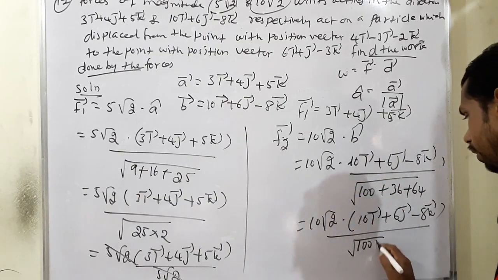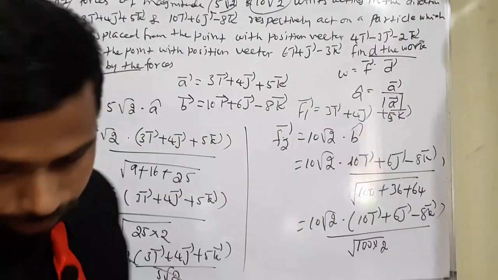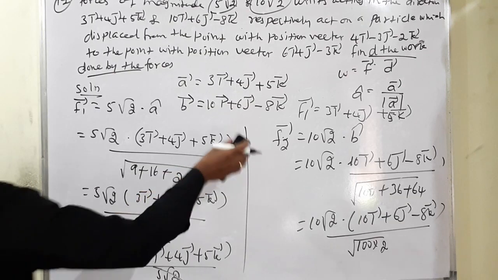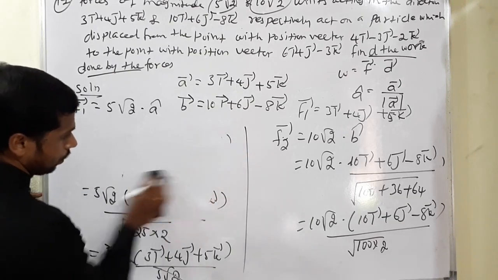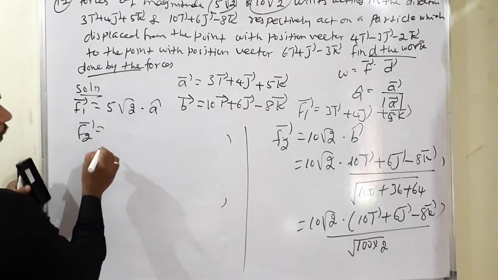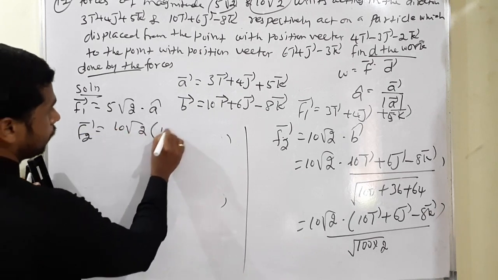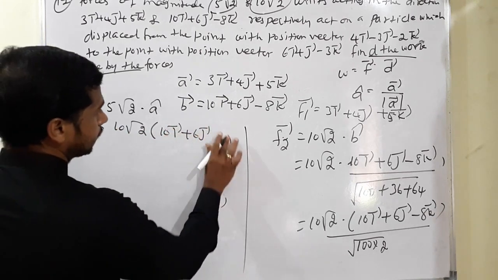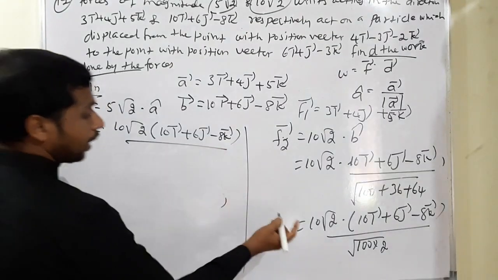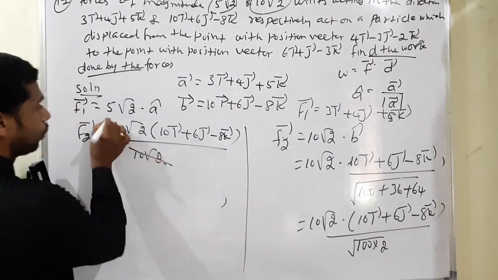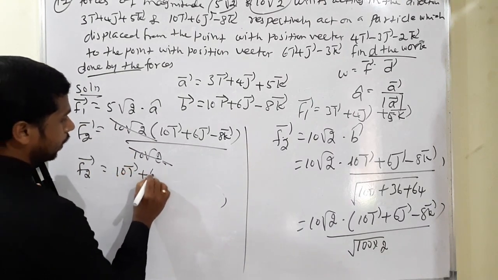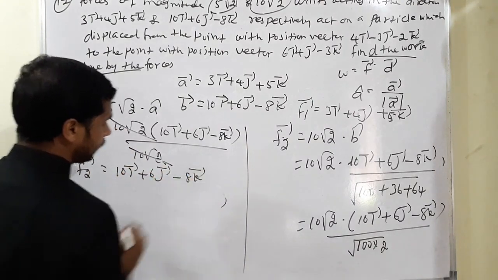We can write it as 100 into 2. So F2 vector is equal to 10 root 2 into the vector divided by 10 root 2, and 10 root 2 cancels. So F2 vector is equal to 10i vector plus 6j vector minus 8k vector.